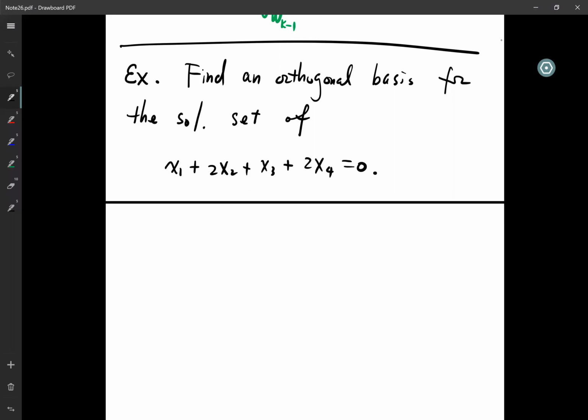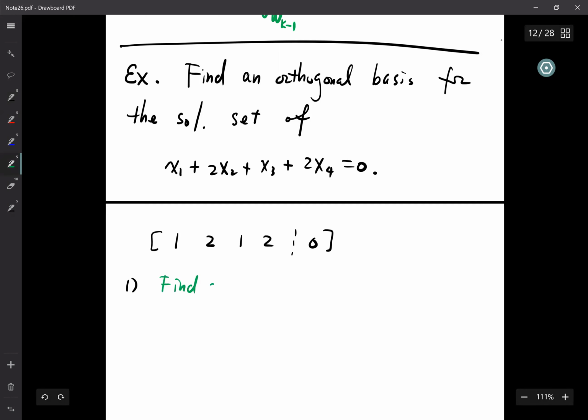So the augmented matrix is really 1, 2, 1, 2, and that's 0. Now, how do I solve this problem? First, find the basis. This problem is really a chapter 1 to chapter 4 problem. I won't repeat it. You can do that as an exercise.